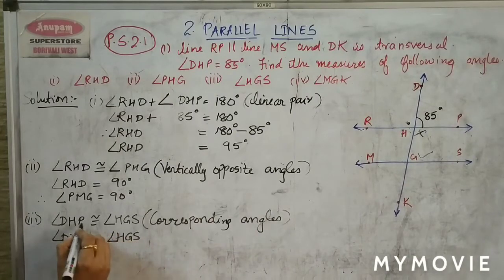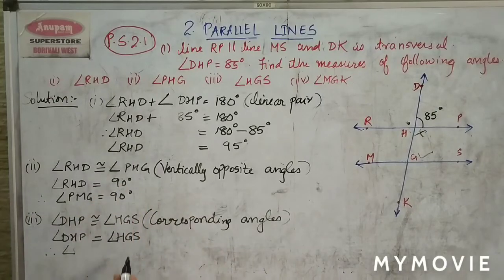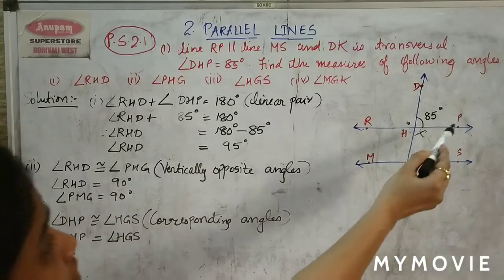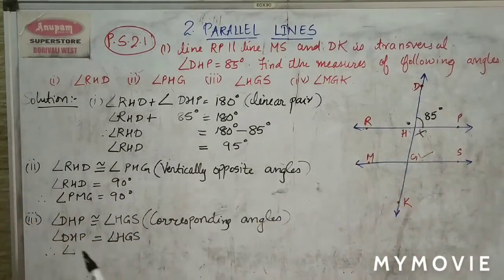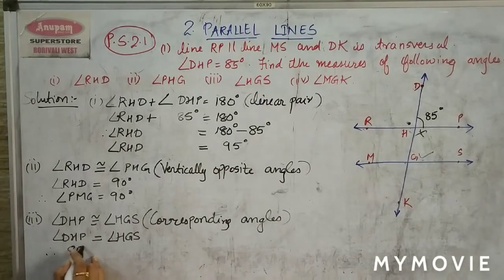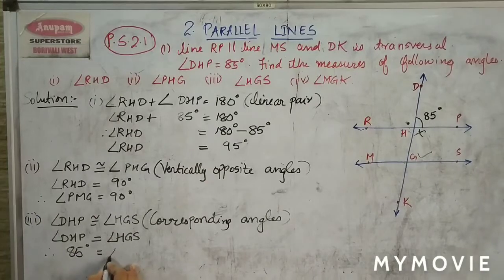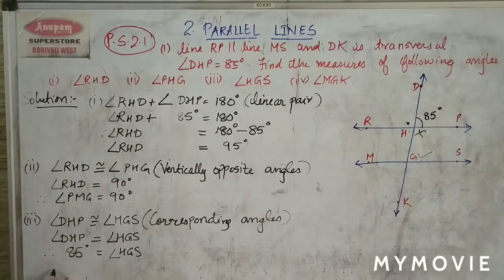It's the same thing, but here I have written congruent, so here I write equal to. Therefore, angle DHP is given as 85 degrees. So instead of DHP, I'll write 85 degrees is equal to angle HGS. Therefore, angle HGS is equal to 85 degrees.